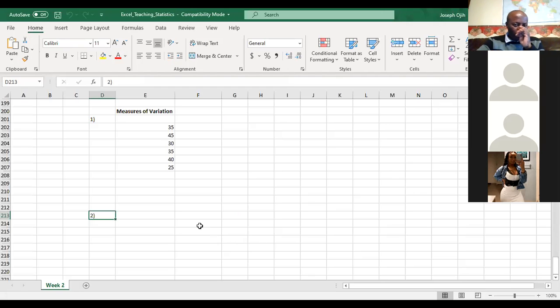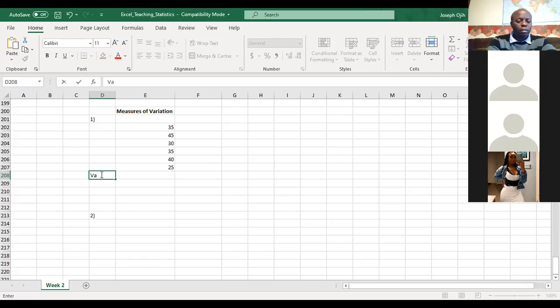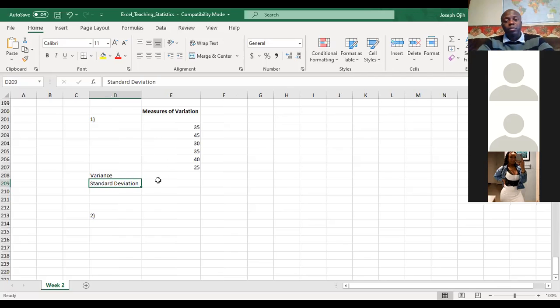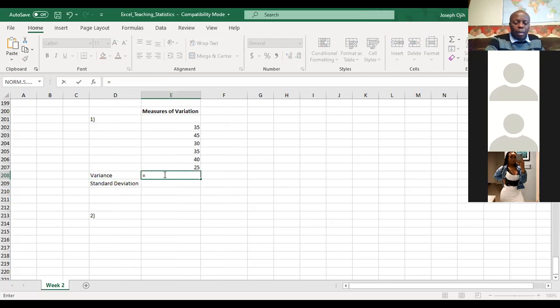I have the numbers in already. So the variance in this case, let me type it in, and standard deviation. Excel simplifies the method of calculating these two values, so they have become easy. For variance, put an equal sign and type VAR.